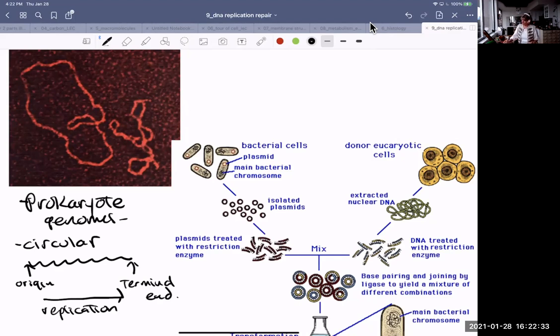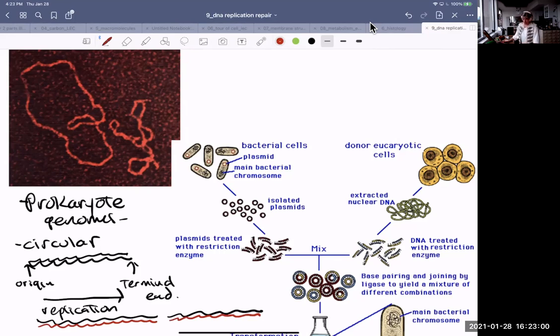So replication of a new strand is also double-stranded, of course, and you've got two new strands as you've replicated it.